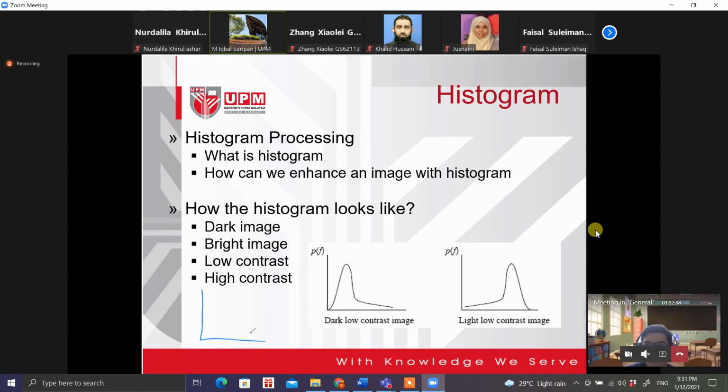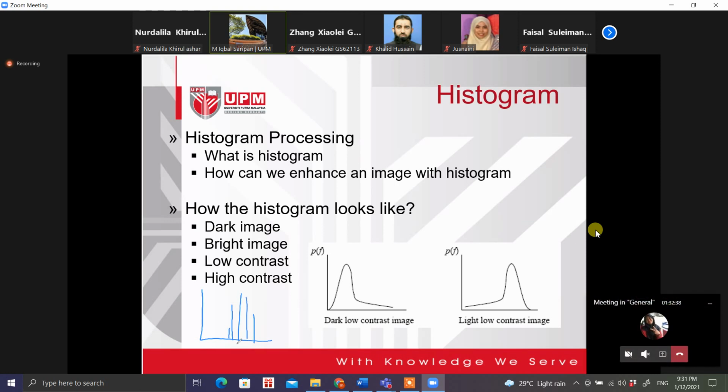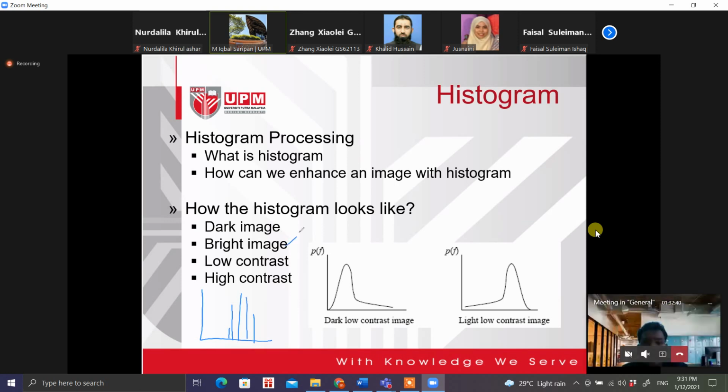If you have something like this, meaning that you are going to get a very bright image. Low contrast means, as I mentioned, maximum minus minimum.